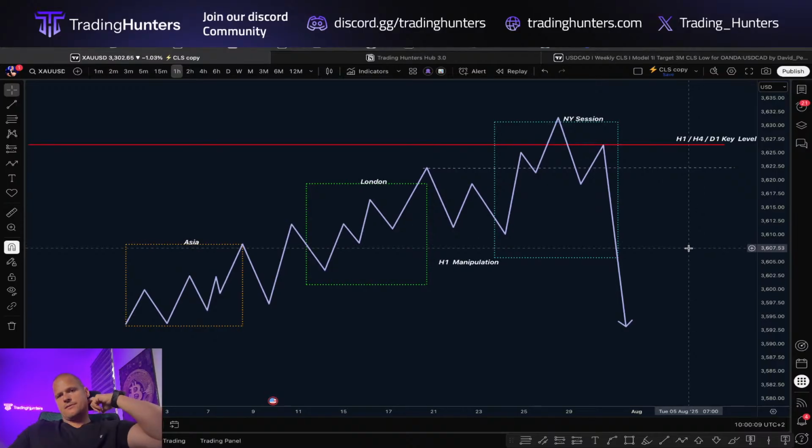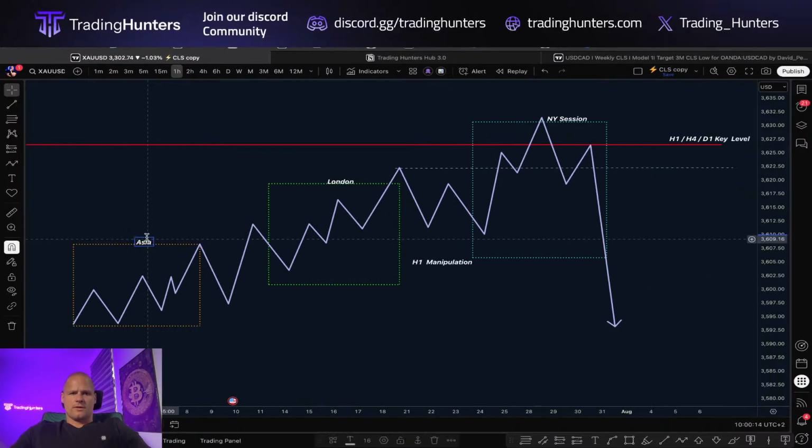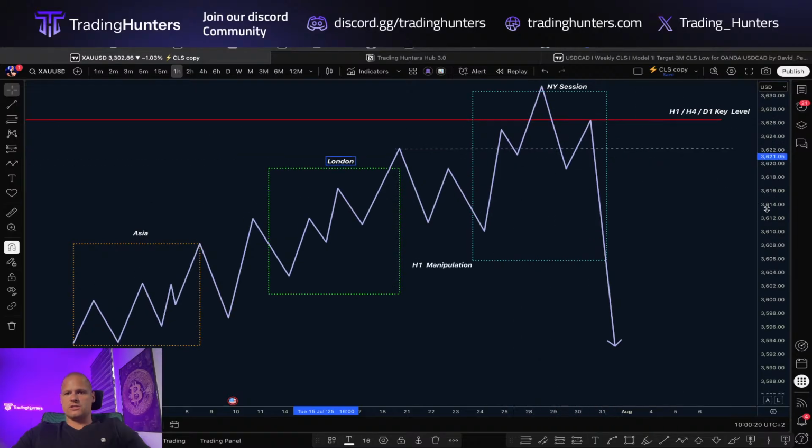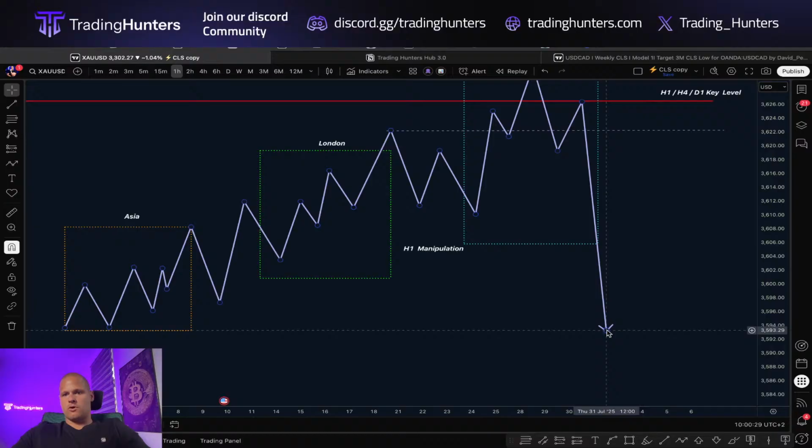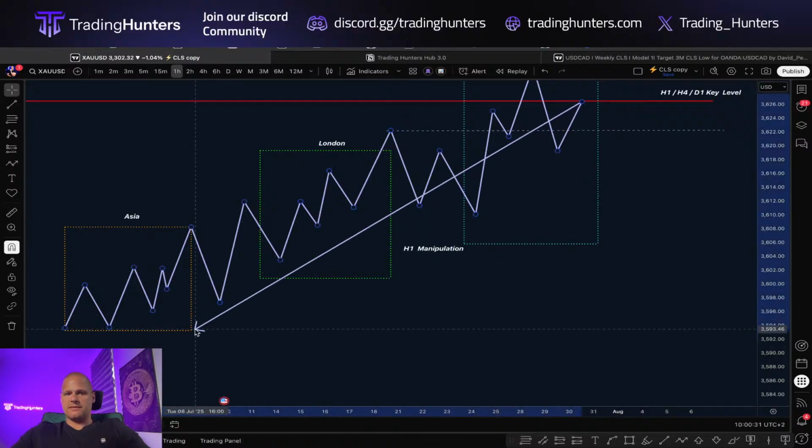If you have the Asian session trending, London trending, and then the New York session also trending, and then hitting the high time frame key level, and you get a change in order flow, then you can get the drop all the way down below this and this low.